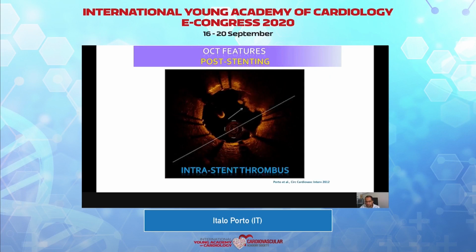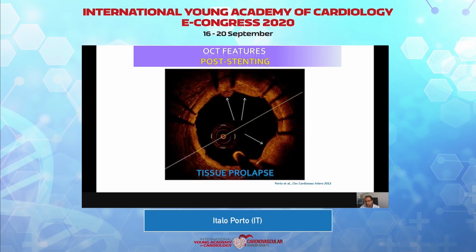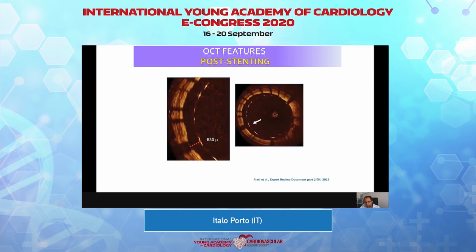Also, there are some features you are able to see after stenting: intrastent thrombus, intrastent dissection, tissue prolapse, and malapposition. Also, you can measure malapposition length in longitudinal and in axial slices, and this is quite important to obtain optimal stent apposition.